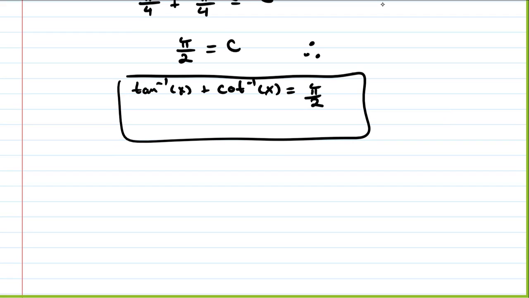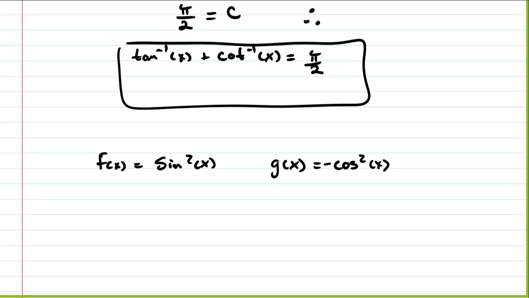So, fun bonus fact. What if we did something similar with f of x equals sine squared x and g of x equals negative cosine squared x?